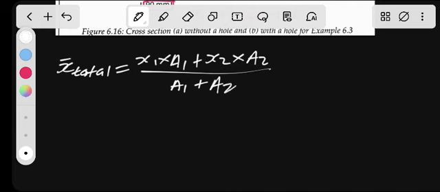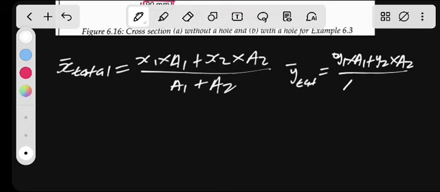Also, y bar total equals y1 multiplied by area 1 plus y2 multiplied by area 2, divided by area 1 plus area 2.